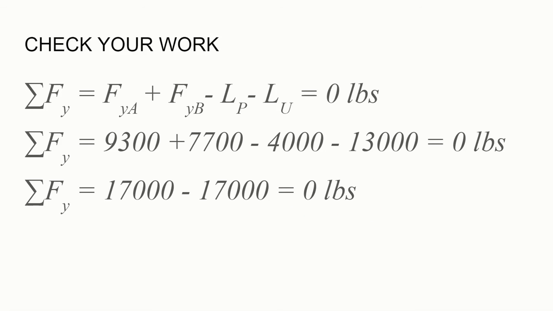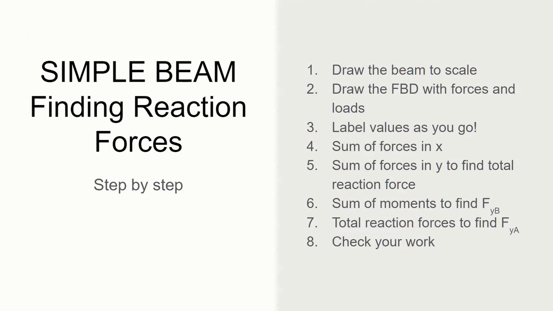Our math is correct. Just to recap, for finding the reaction forces in a simple beam, we're going to draw the beam to scale. We're going to add a free body diagram labeling forces and loads. We're going to add values as we go. We are going to look at the sum of forces in X. As long as we don't have a lateral force acting, this is always going to be 0.